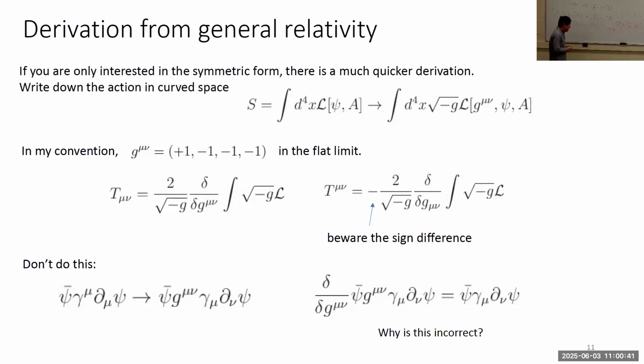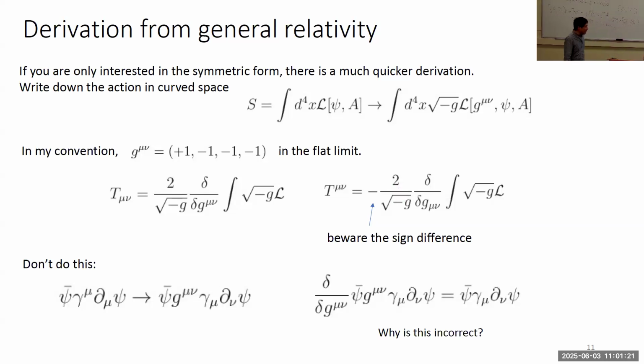You cannot do this naively because the gamma matrix depends on x, on the metric, by definition in curved space. So what people usually do is introduce something called the vierbein. When you think about the fermion in curved space, you need something like this, and that takes care of the x dependence of the gamma matrix.